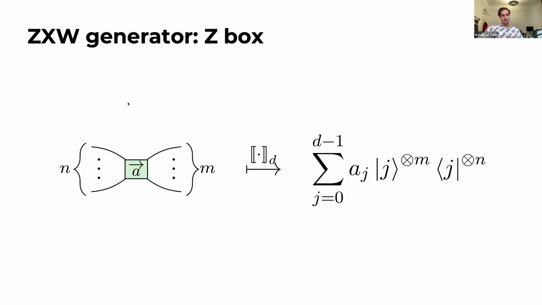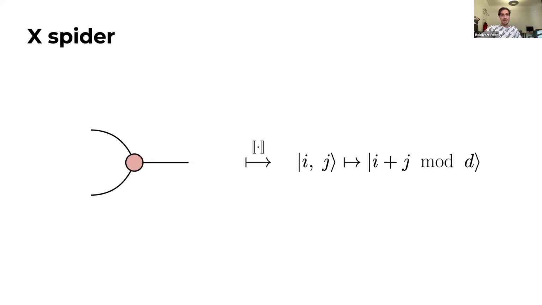And if we put the phases and the legs together, we get this formula for one of the generators, the Z box. We have the phases with each computational basis state. You know, this is like a copy in a sense. Then we have the X spider, right?